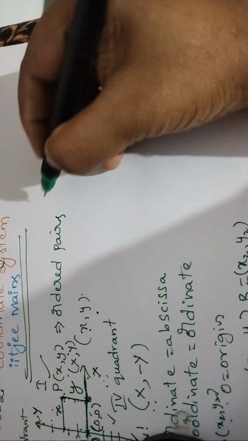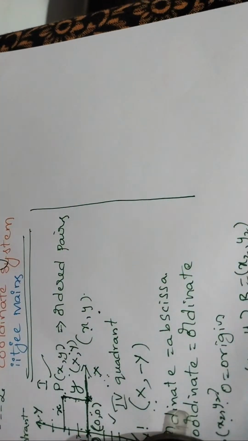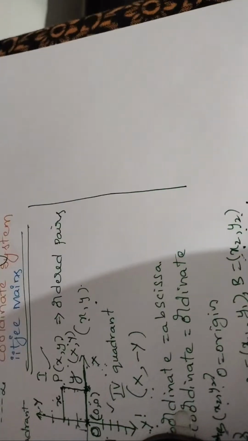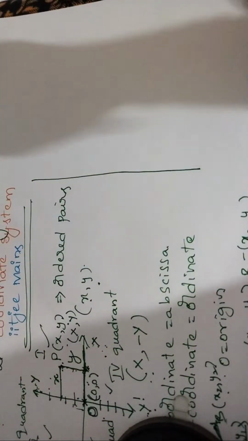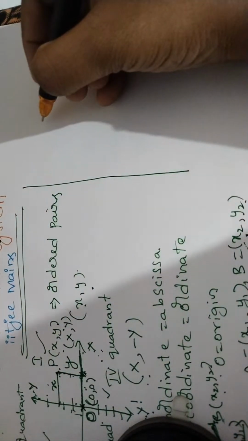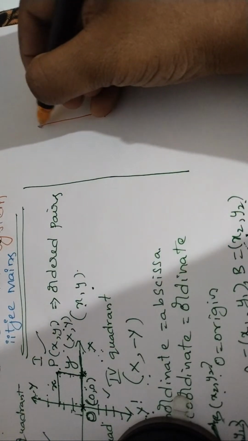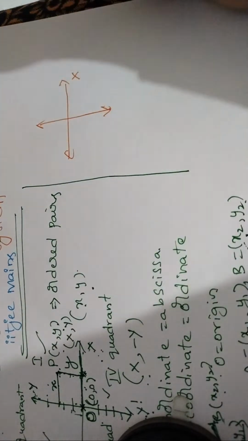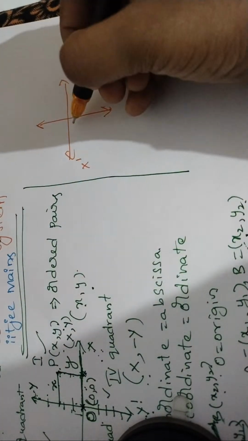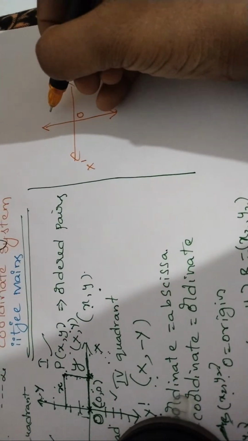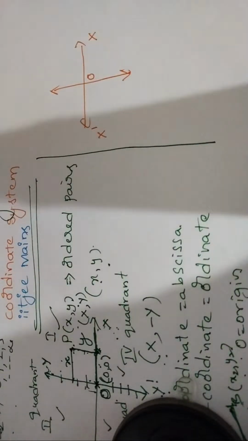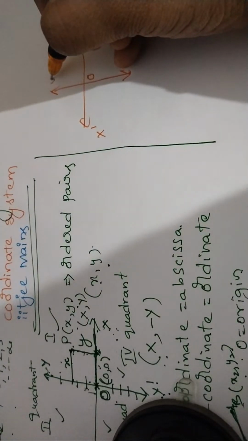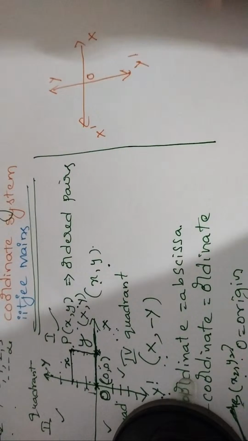Suppose I want to find the distance between the origin and a point. I am taking another plane, with the x-axis and negative x-axis, O, y and y dash.